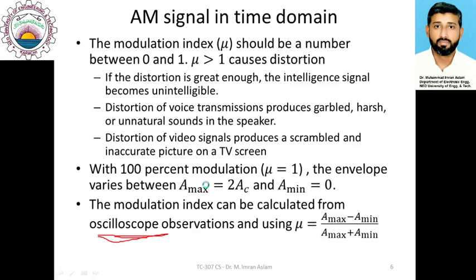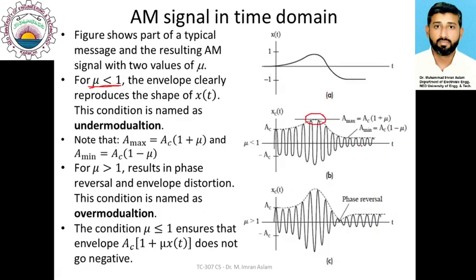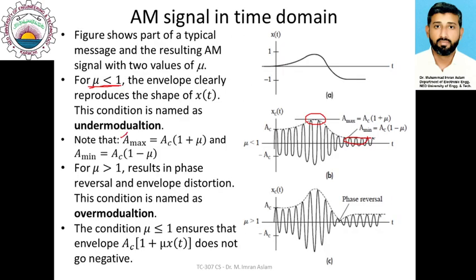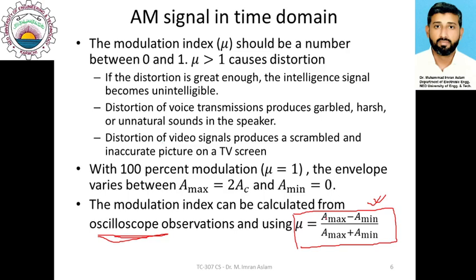Simply we need to identify the maximum and minimum attained voltages. Using these we can easily calculate the modulation index, given by the formula mu equals A max minus A min upon A max plus A min. You can derive this formula by manipulating the two relationships given here to separate out mu.